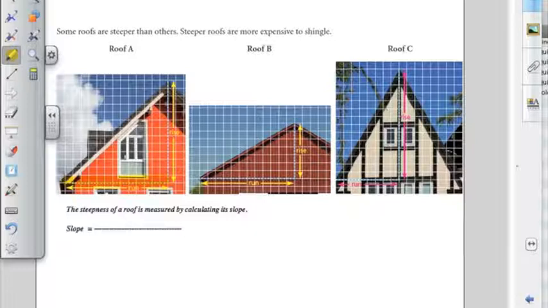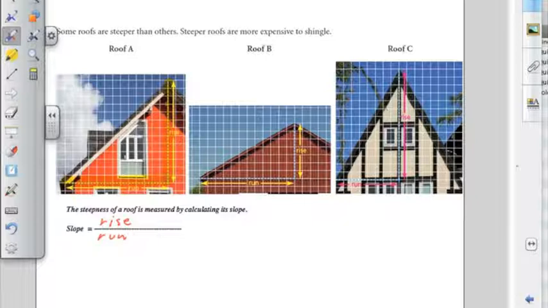There's another line that goes straight up from the middle of the roof to the peak, and that line is labeled the rise. The slope of a line is defined simply as the rise, the vertical distance, over the run, the horizontal distance. And you can see that the other two diagrams are labeled similarly.